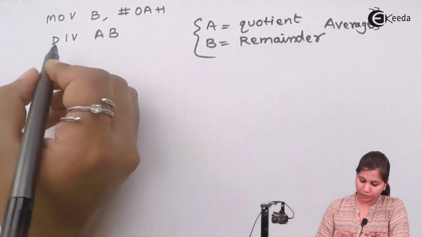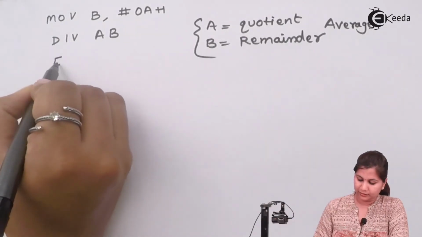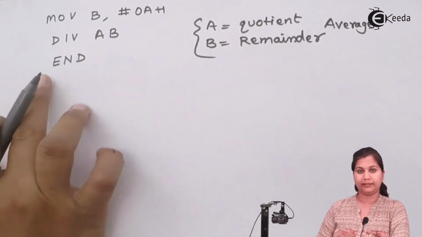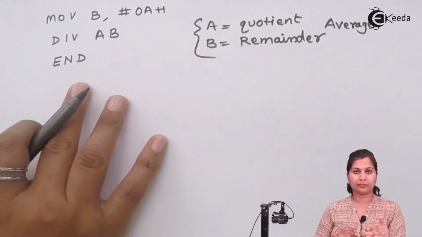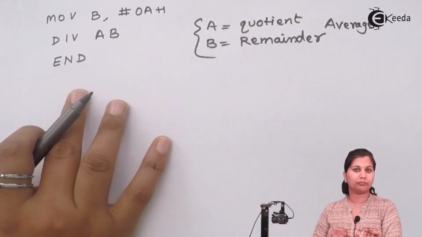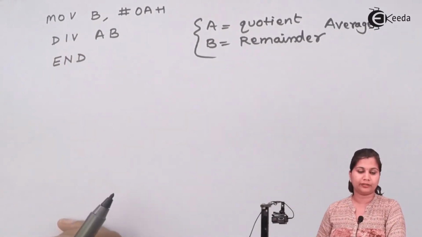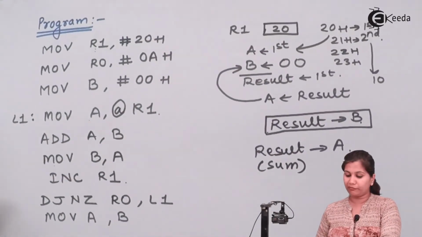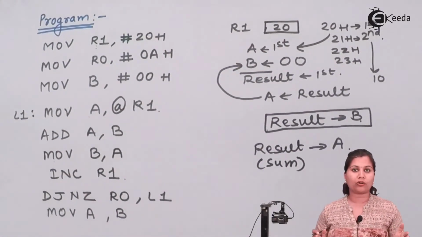After that, the last statement of the program is END. It means that the program has terminated. Now no instruction should be executed after it. So this is the program through which we can find out the average of a block of n bytes.